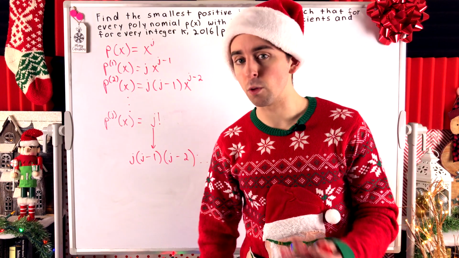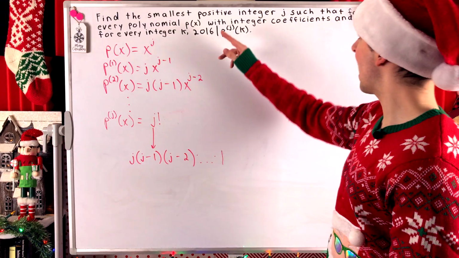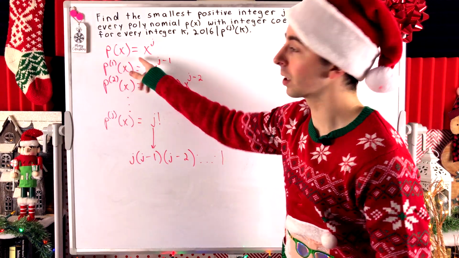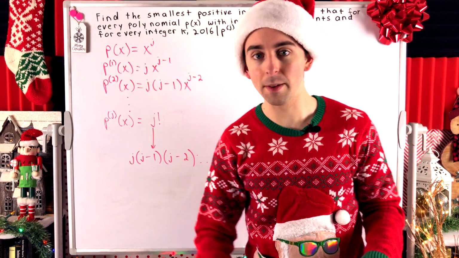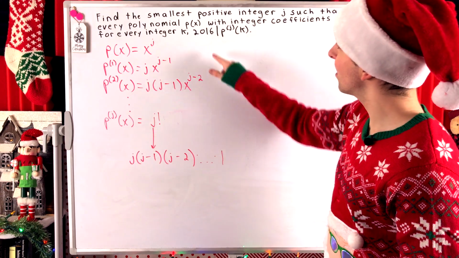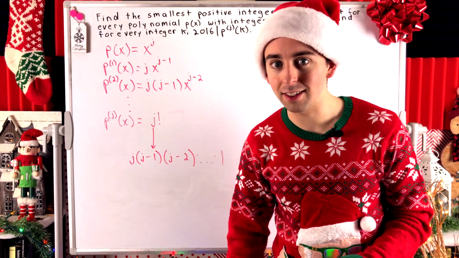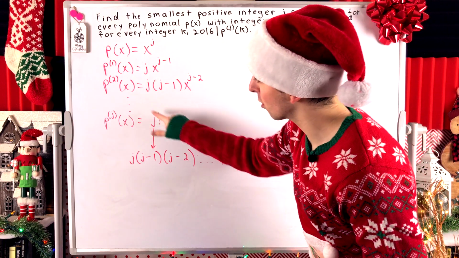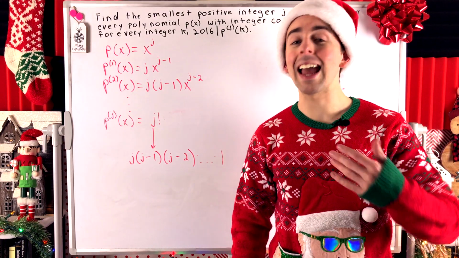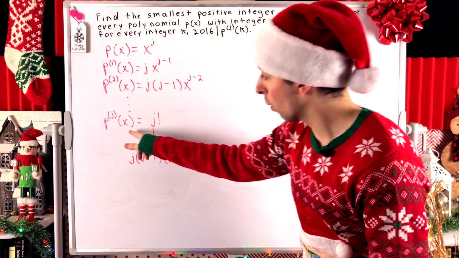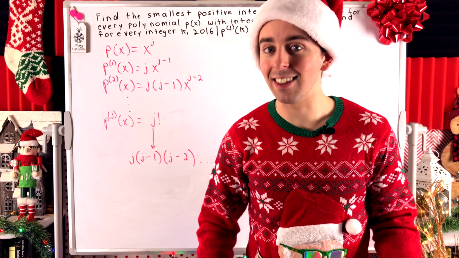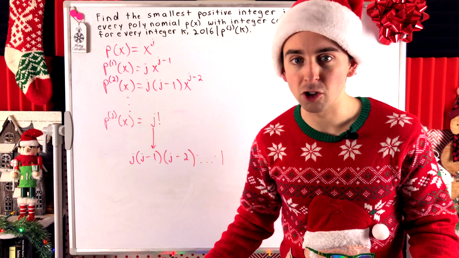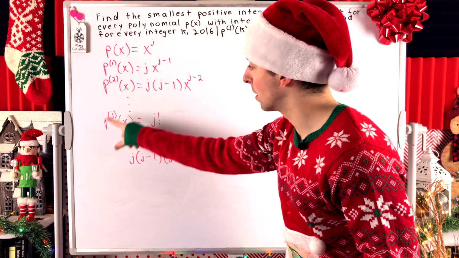So the jth derivative of this polynomial that had integer coefficients, its only integer coefficient being 1, must be divisible by 2016. 2016 must divide this jth derivative evaluated at any integer k. Now, of course, whatever integer you plug into this jth derivative, it's not going to change what it's equal to because it happens to be constant.